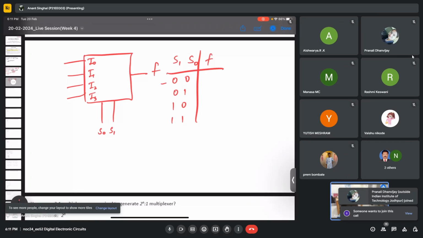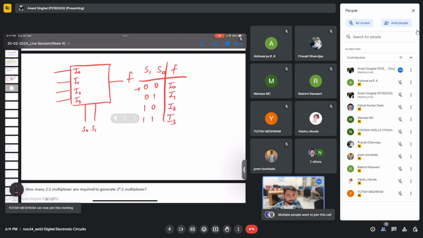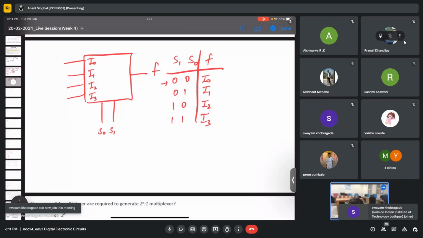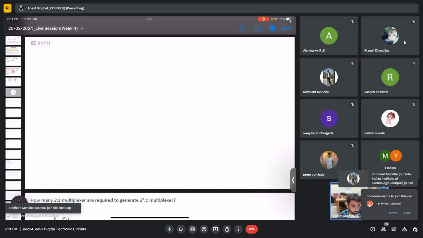For the combination of 0 0, it will select I0, and similarly for I1, I2 and I3. So this is how it works. Now let me try to make the circuit of this particular mux, how it is exactly working.